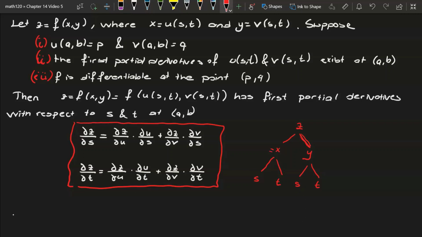Here x is u, y is v. Okay, so I will skip the proof of this theorem. It can be found in our textbook. We will continue with examples.